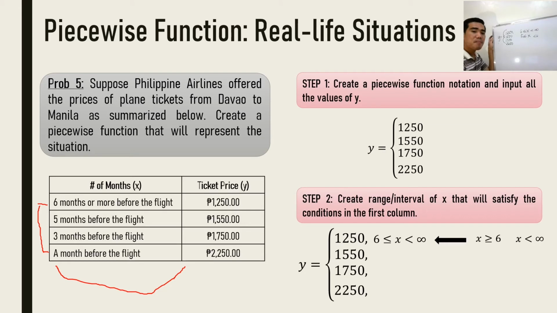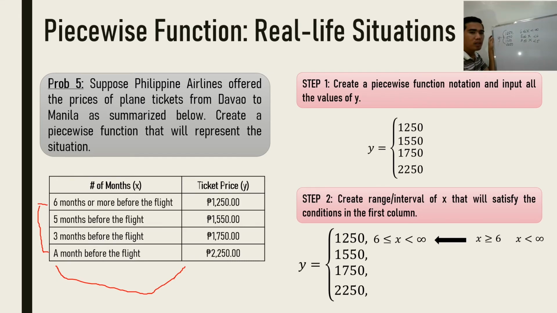Now, how about 1,750? 3 months before the flight. How do we translate that? Since we ended at 5, we have 5 as our ending point, less than X, less than or equal to 3. Okay? 3 months before the flight.